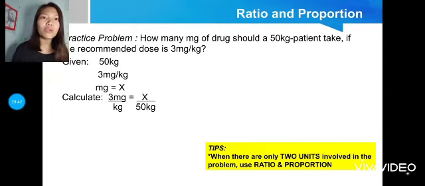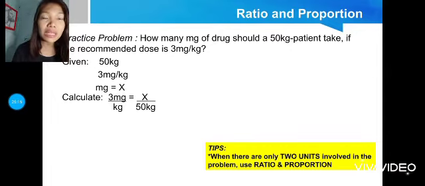So, 3 milligram over kilogram is equal to x over 50 kilograms. So, always remember, in using proportion, you see to it that the two numerators are the same, same also with your denominators. So, they should have the same units. So, like for example, in our problem, both the kilogram should be placed in the denominator.